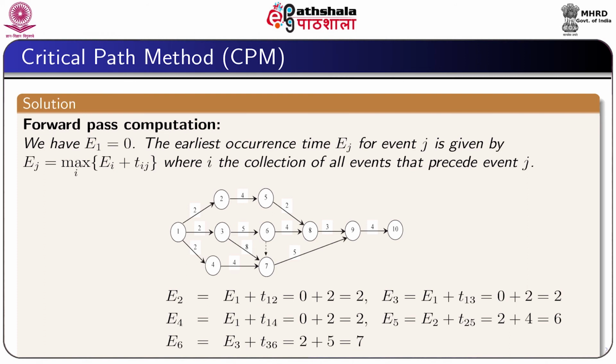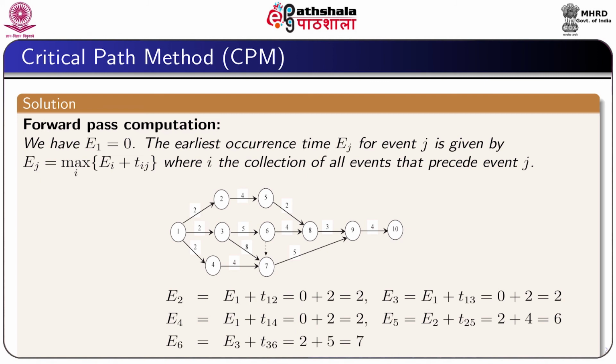And E6 is equal to E3 plus T36, that is 2 plus 5, equal to 7. Now, for E7 we see that the 3 activities 4-7, 3-7 and 6-7 are merging into the event 7. Therefore, these activities are the immediate predecessor activities.